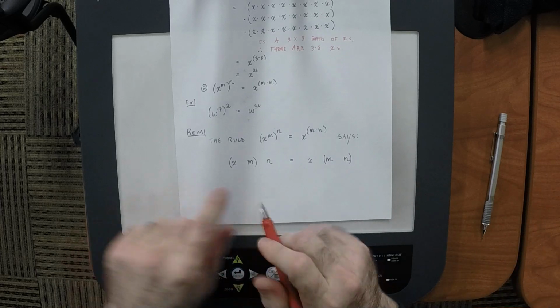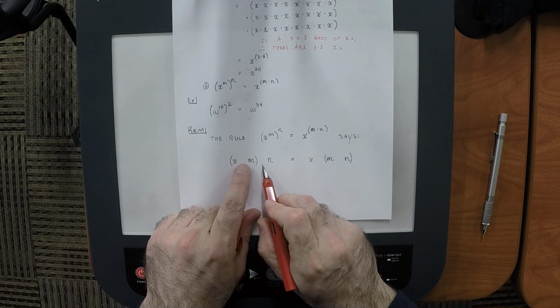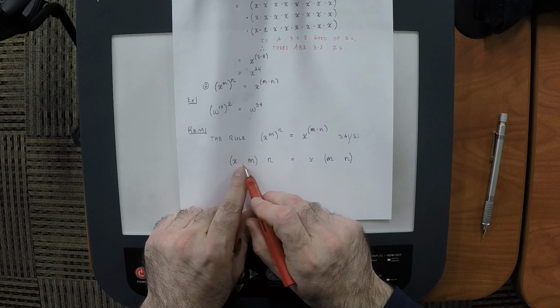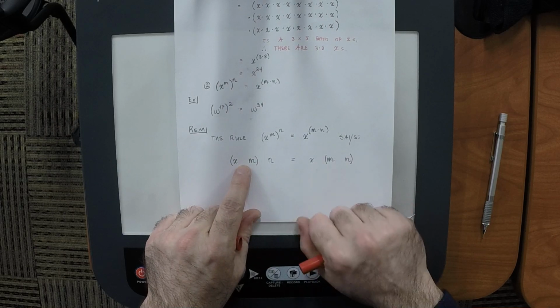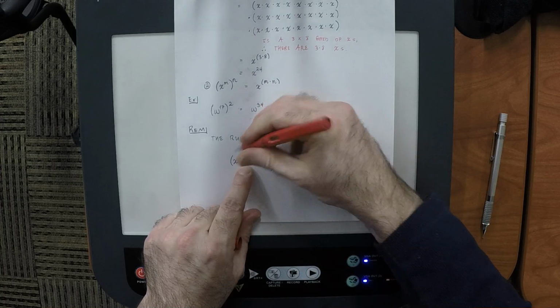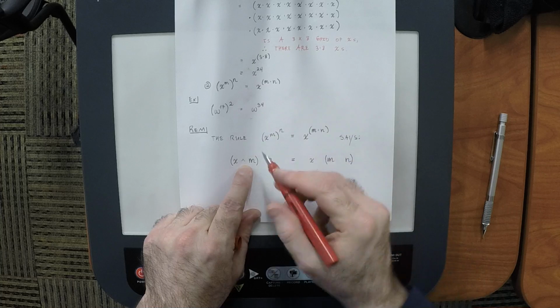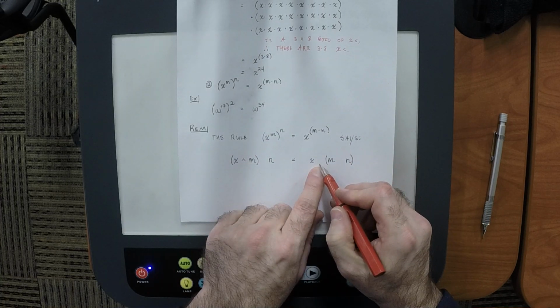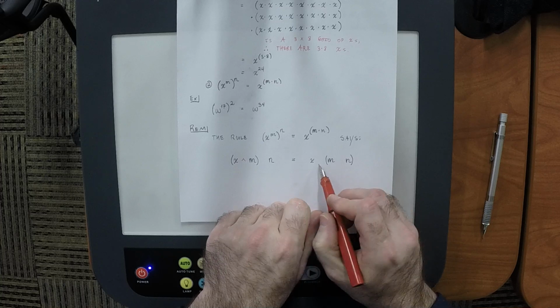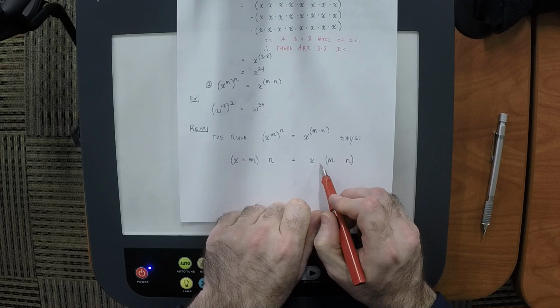Now there are two slots where we're going to put operations in, a slot there and a slot there. What operation goes in that slot? Caret, because it's x to m. And what about in that slot? Caret, right?